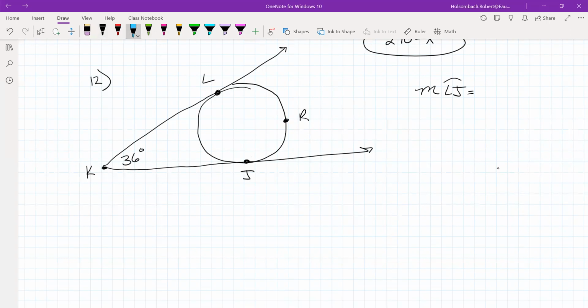So here's our angle. Here's our big arc. Here's our little arc. We're going to call our big arc X, and we're going to call the small arc 360 minus x.